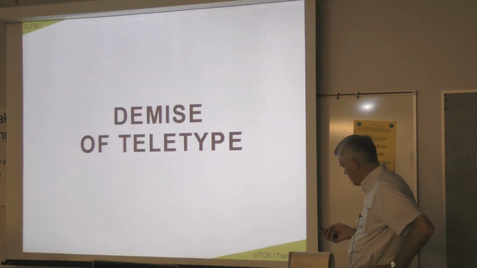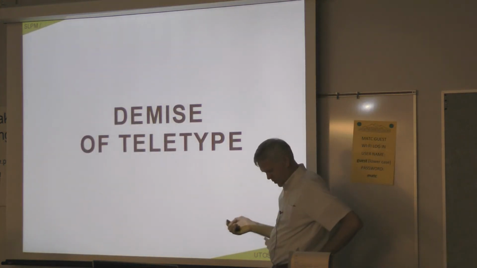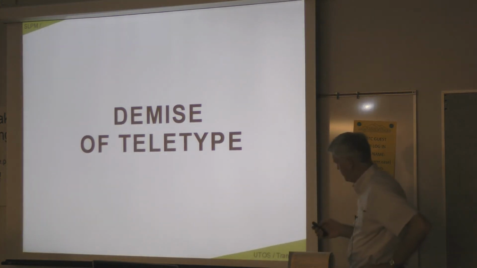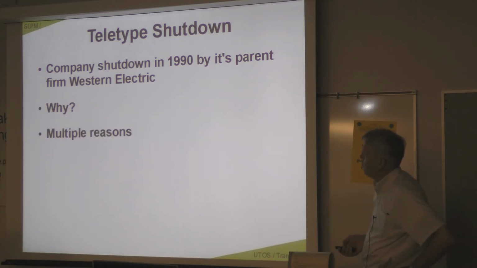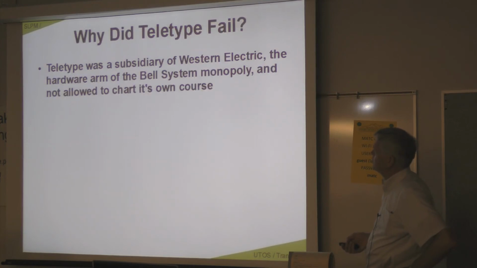So then what happened to Teletype? Because it eventually went out of business and is gone. It was basically shut down in 1990 by its parent company. It was owned by Western Electric. It was bought, I think, by Western Electric near World War II. So the question is why? And it turns out it was multiple reasons.